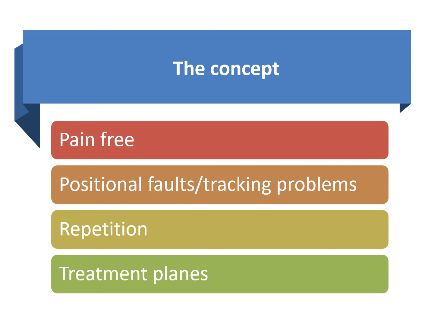Positional faults are subtle biomechanical issues or subluxation, articular subluxation and malalignment, which can inhibit and reduce the range of motion and cause pathomechanics in a joint. So whenever there is a positional fault, if the glide is pain-free, then the Mulligan technique is indicated and the patient will recover miraculously.